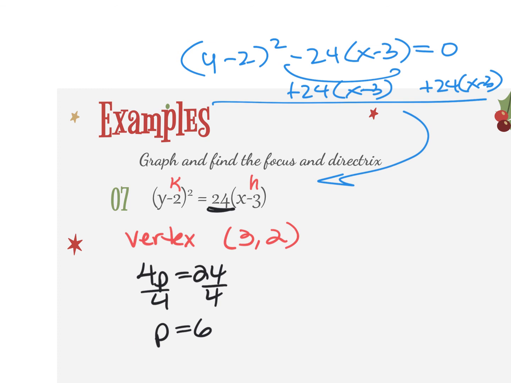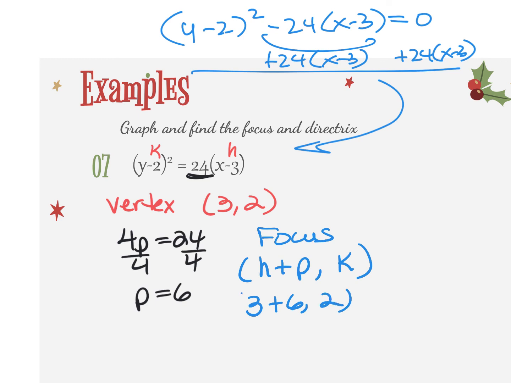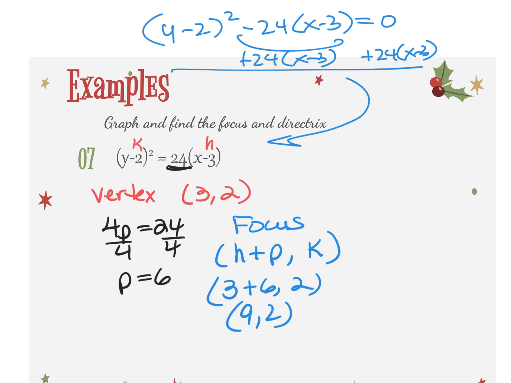P equals 6. Now, for the focus, when it's the y squared, we're going to take the x, or the h, so it's going to be h plus p, comma k. So h is 3, p is 6, and then you put the k. That's your focus.